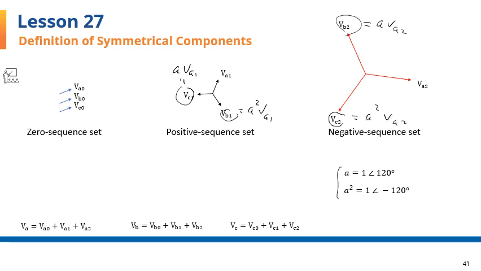For the zero sequence set, it's even simpler. We keep VA0 as it is, and we replace VB0 with VA0 because they're equal both in phase and magnitude. And same with VC0, it becomes VA0. And we'll make similar changes here.